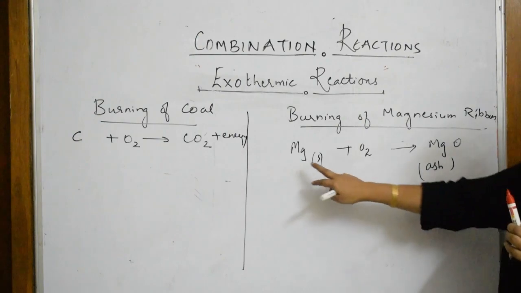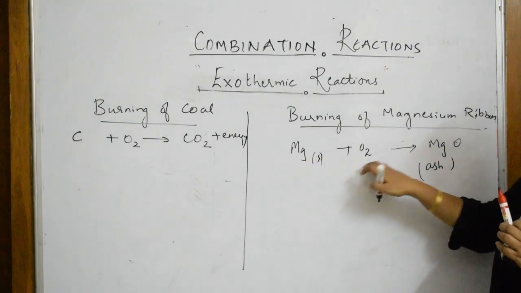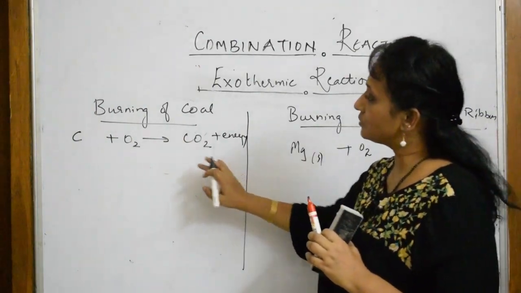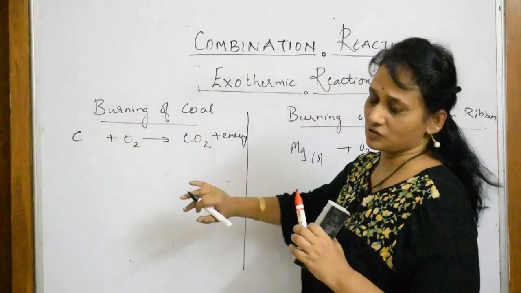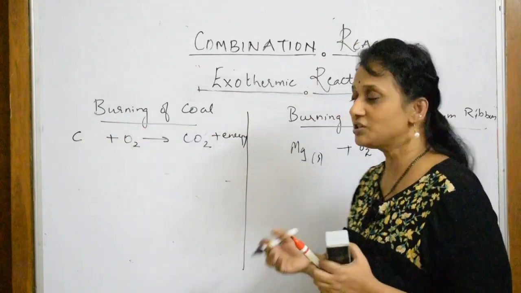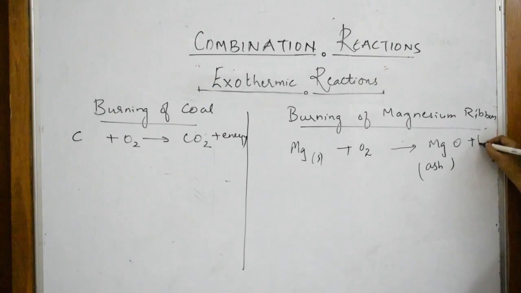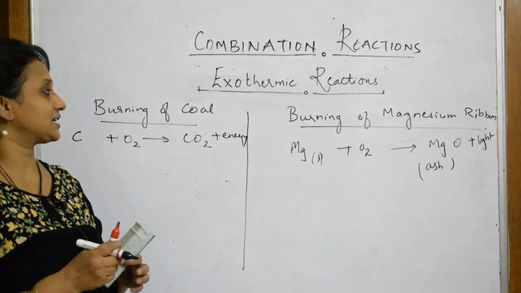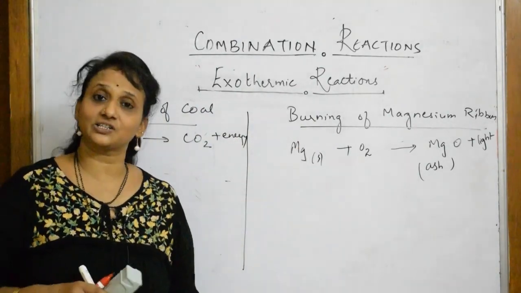Here two elements are combined together to form one compound. Is it not a combination? Along with that, a lot of light is released. So energy is released, light is released. So all are combination reactions only, all are exothermic reactions only.